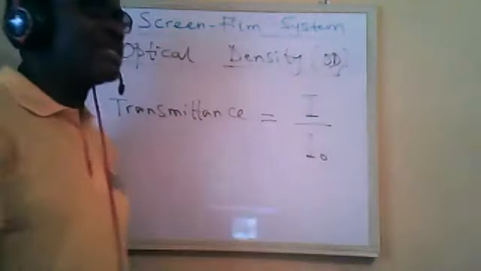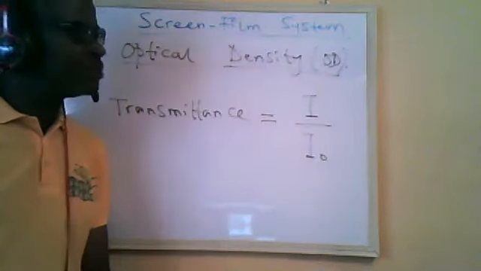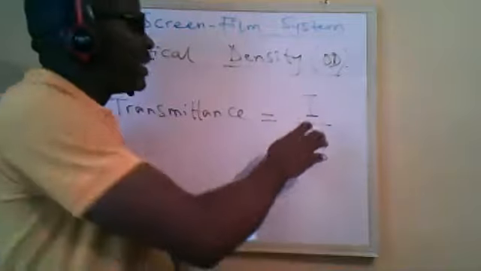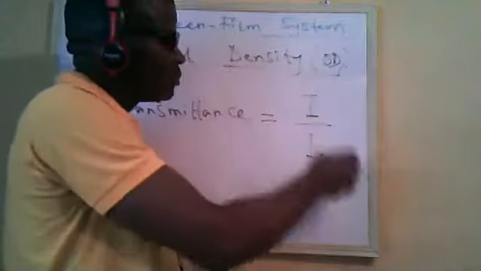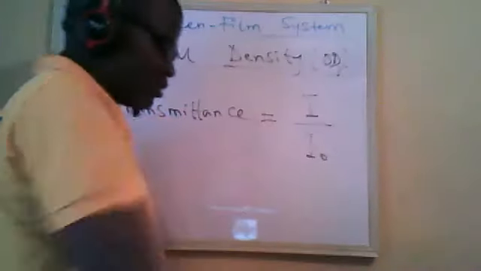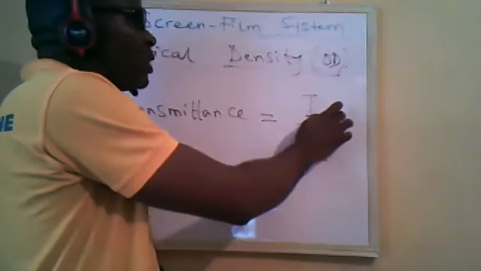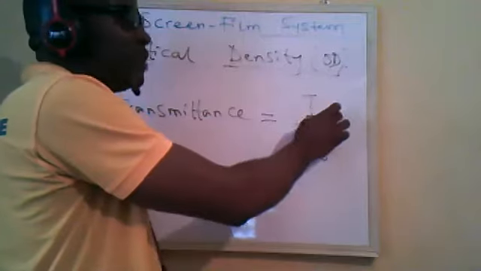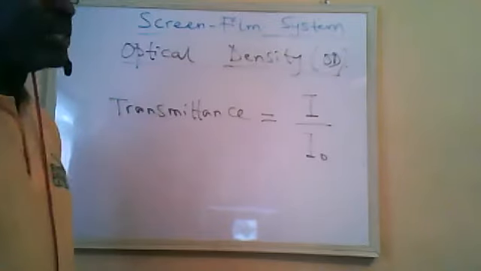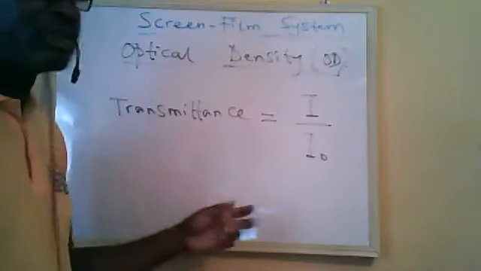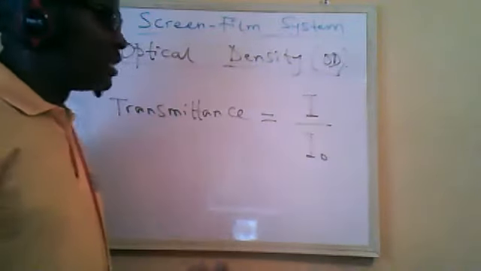I is the light intensity at a particular point in the radiograph, with the film in position.